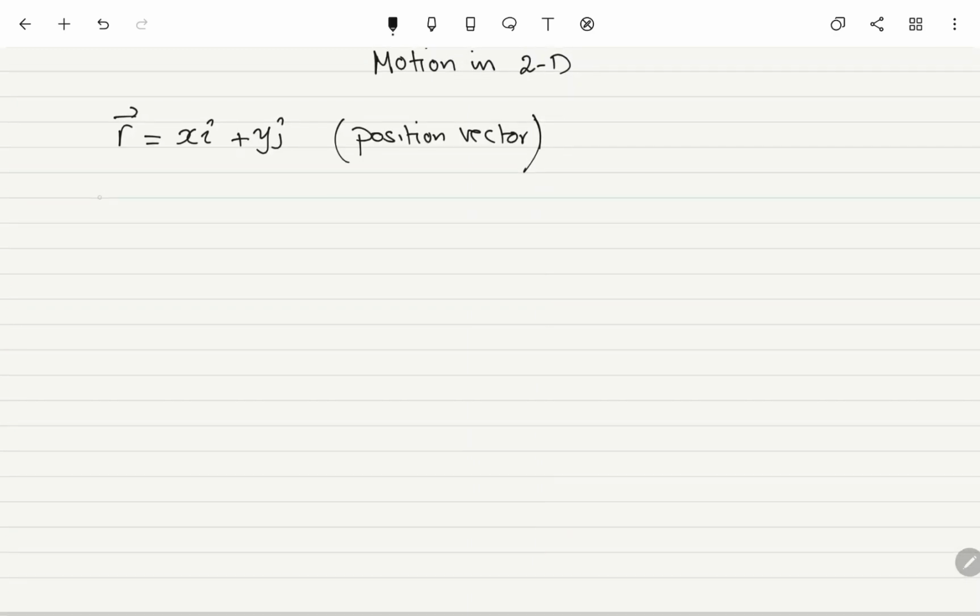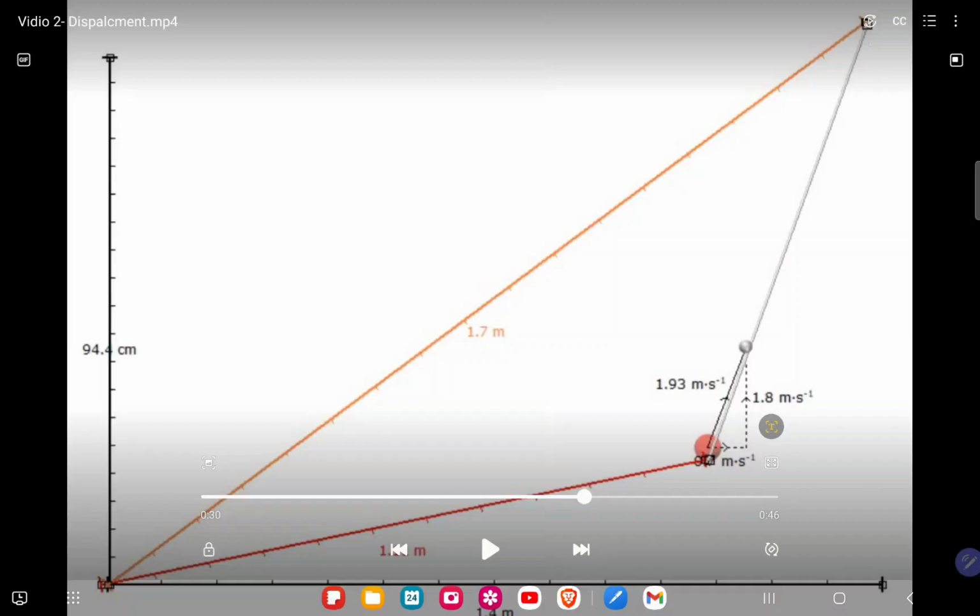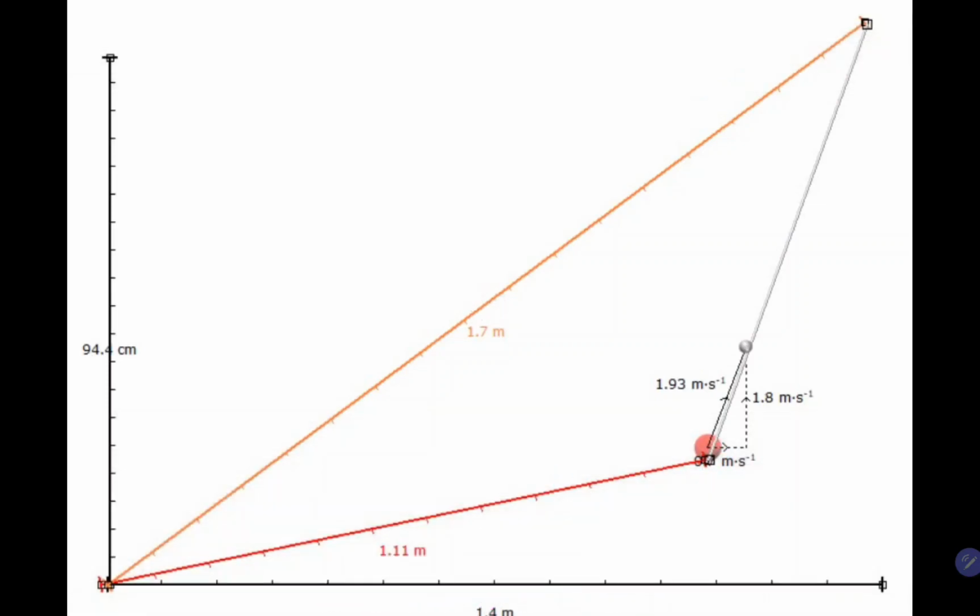Now, when an object is moving between two positions, from r initial to r final, the displacement delta r is equal to r final minus r initial. Let's see this model. This billiard ball is moving from position r initial to r final, our final position.